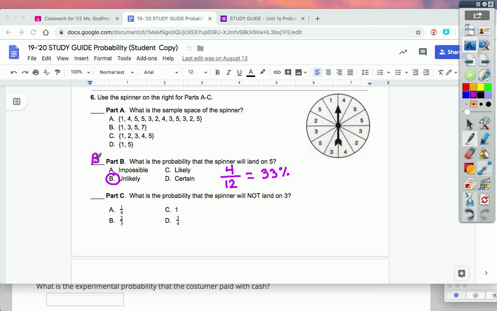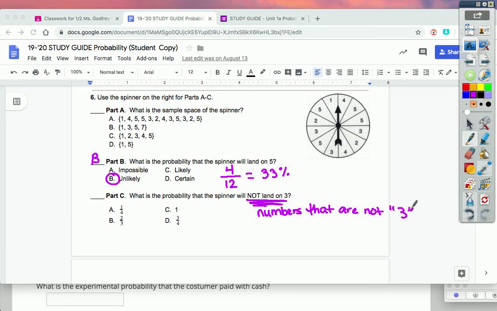You can look on the front page of your notes to look at that chart to see the likely and unlikely and certain and so forth. In the next question, it says, what is the probability that the spinner will not land on 3? So you are looking for numbers that are not 3.